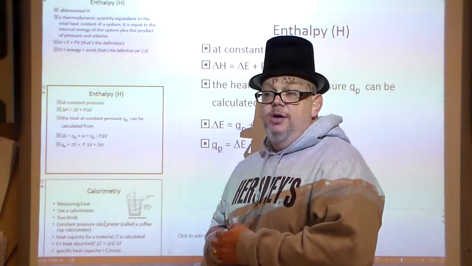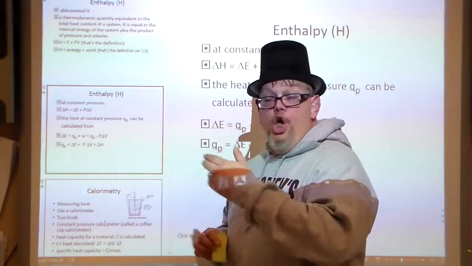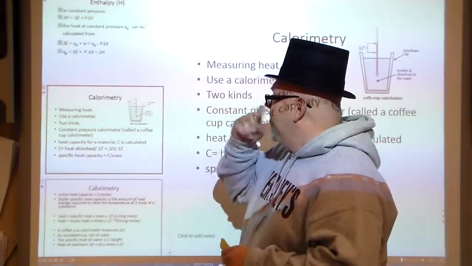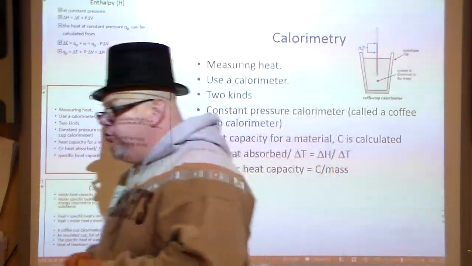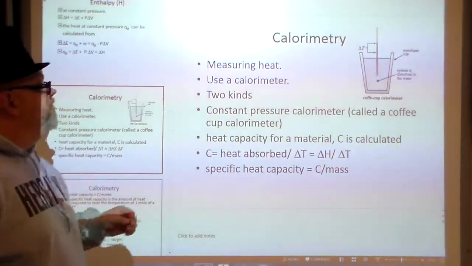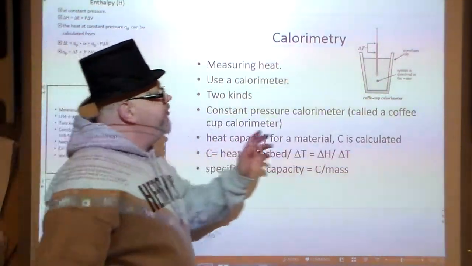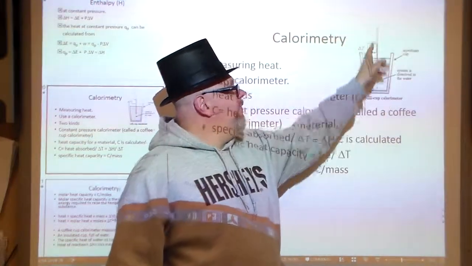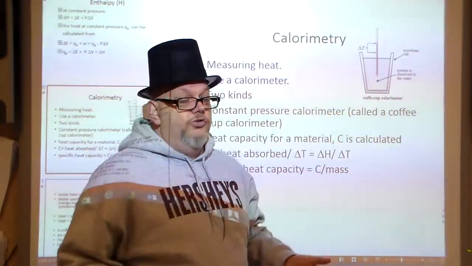The name of the game here is that we're just moving along through chem. Calorimetry, yes, I would want you guys to understand the concept of calorimetry. We have a system where we've got water and a thermometer, at a certain temperature.